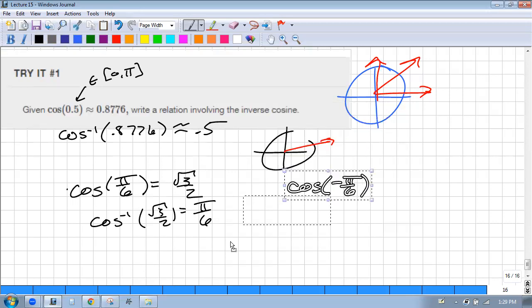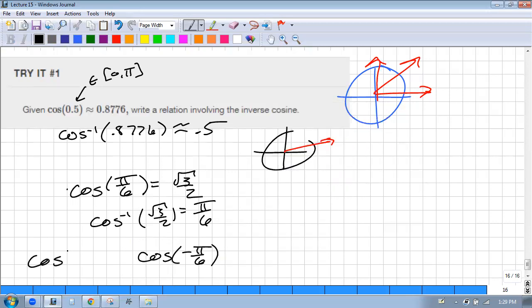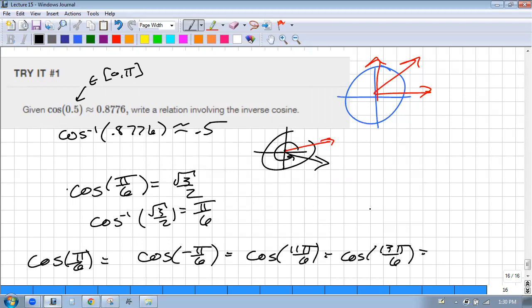Let's do a whole bunch of them. Cosine of pi over 6 is the same thing as cosine of negative pi over 6, which is the same thing as cosine of 11 pi over 6, which is the same thing as cosine of 13 pi over 6. These are all equal to root 3 over 2, right?